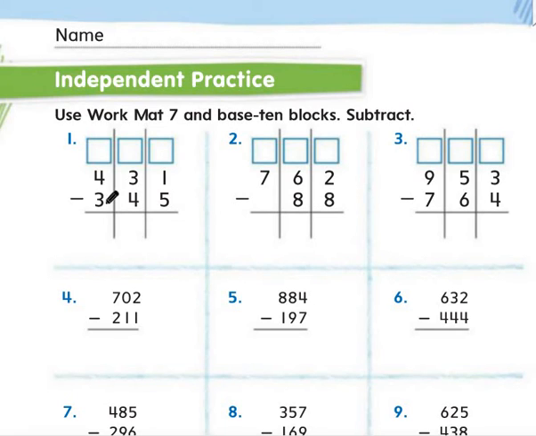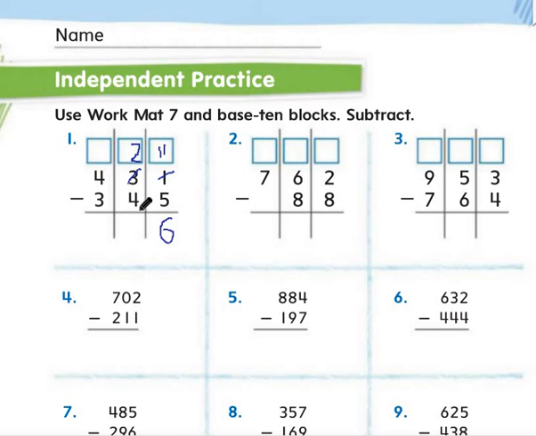Now let's solve question number 1. 431 minus 345. 1 minus 5 equals what? Can we subtract, grade 2? Of course not, we don't have enough ones. So this 3 is going to be 2, and this 1 is going to be 11. Now 11 minus 5 equals 6. Grade 2, now 2 minus 4, can we subtract?